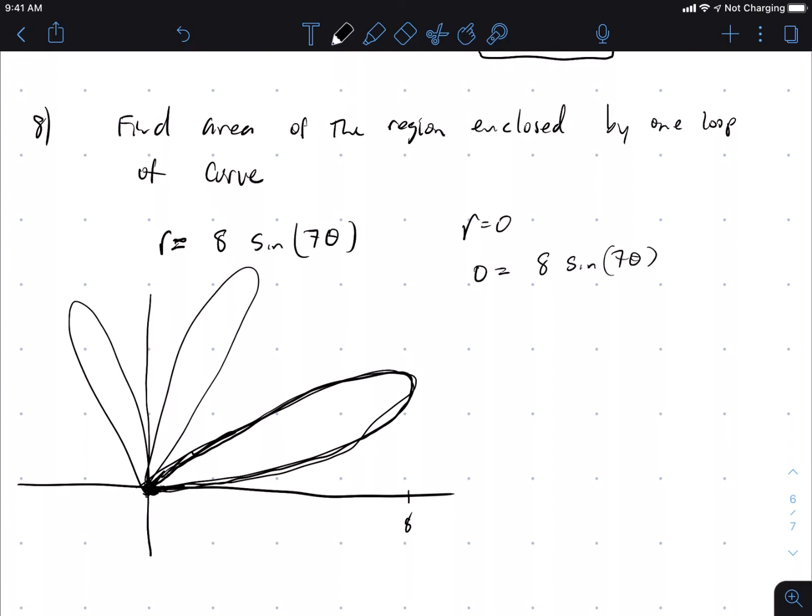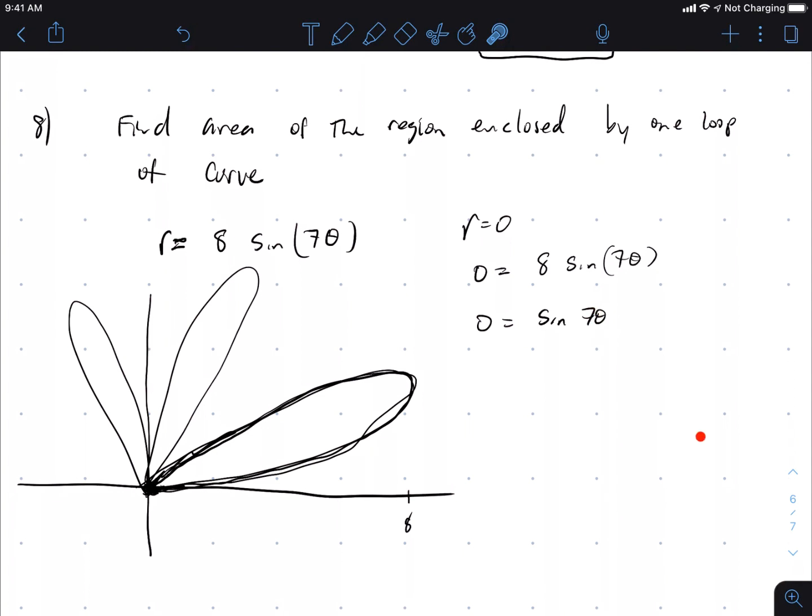So now we got to find the next one. And so what's going to end up happening is I'm going to go, all right, 0 is equal to sine 7 theta. So sine inverse is going to be equal to 7 theta, right? Yes. Or another way to do it to even make our lives easier, we know at this point that it's just going to be products of what's going to make sine of that angle be 0.